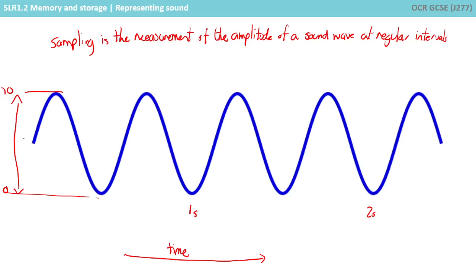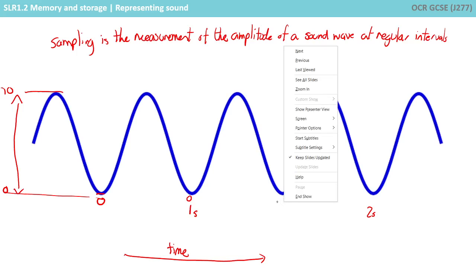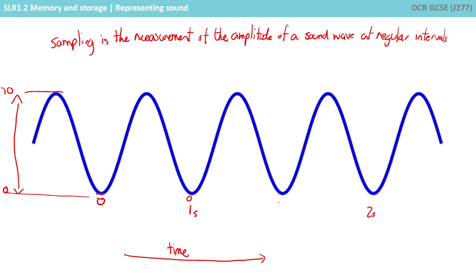Let's say we measured once every half a second. So at the beginning here, we'll measure it, and it is 0. At 1 second it's 0. Next one is 0, and 0.